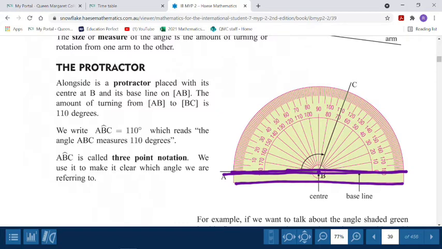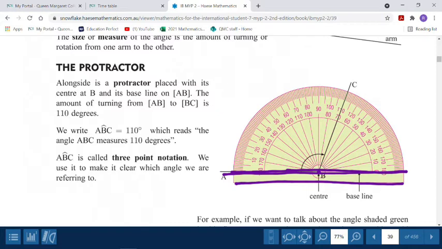So first, everybody look at your protractor. You don't measure from this bottom. You measure from the baseline. If you look on the outside, the numbers start at 0 and they go up to what?